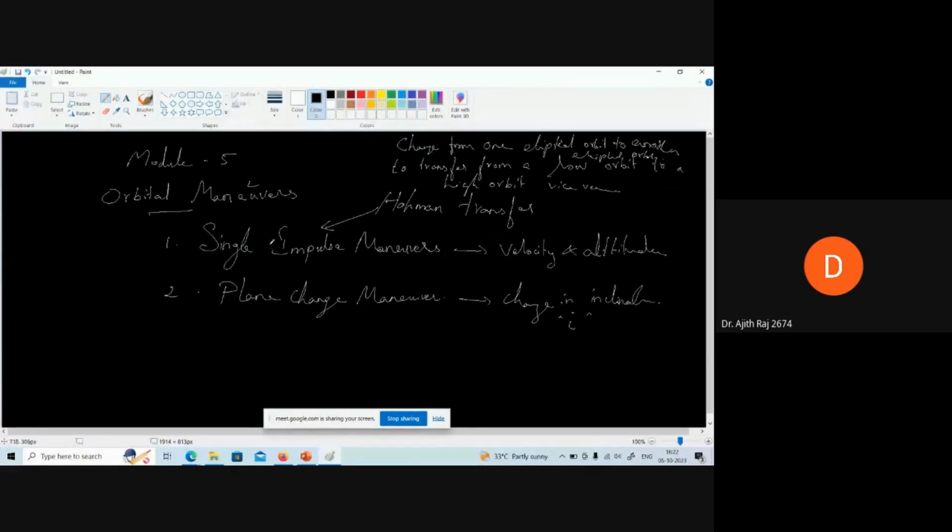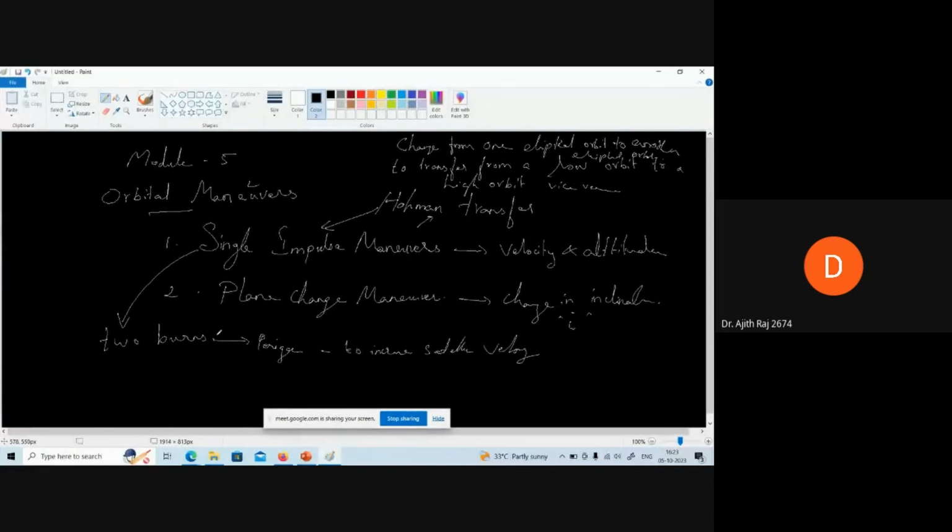Mainly it involves the single impulse maneuvering. It involves two burns; two propulsion burns are involved in this. How are we doing the single impulse maneuvering? We will go in detail about the Hohmann transfer with calculations and all those things, but before that, today we will see what we mean by single impulse maneuver. So here you are doing two burns, one at the perigee to increase the satellite velocity.